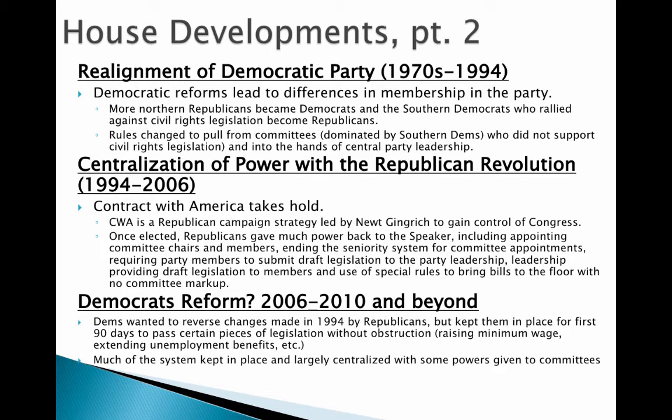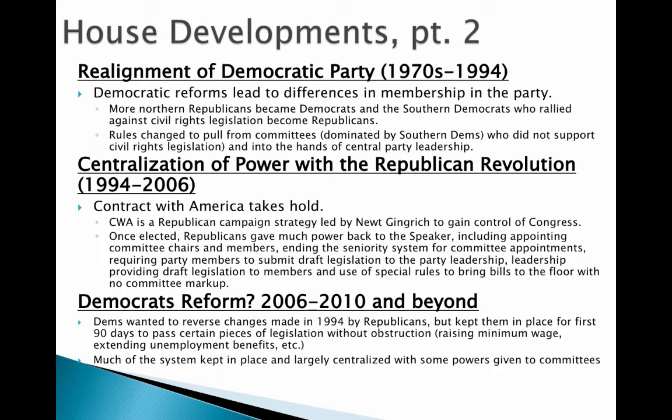And people typically in the Northeast and New England who were more liberal Republicans ended up becoming Democrats, and you had this shift in how the parties were aligned. And this is why the Democratic Party today does not look like the Democratic Party of the early 1960s or late 1950s, and same for the Republican Party.